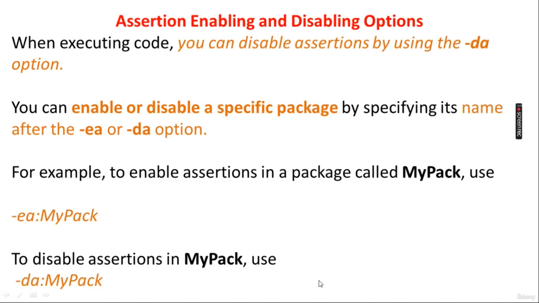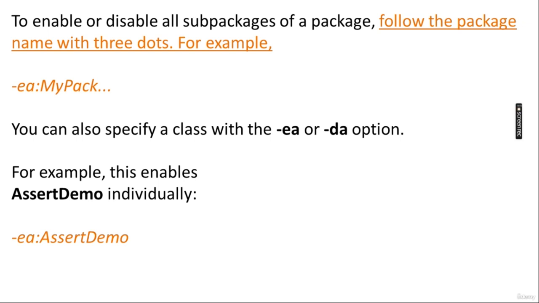Assertion enabling and disabling options. You can disable assertion using the -da option. You can enable or disable a specific package by specifying its name after the -ea or -da option. For example, to enable assertion in a package called mypack, use -ea:mypack. To disable assertion in mypack, use -da:mypack. To enable all subpackages, follow the package name with 3 dots.